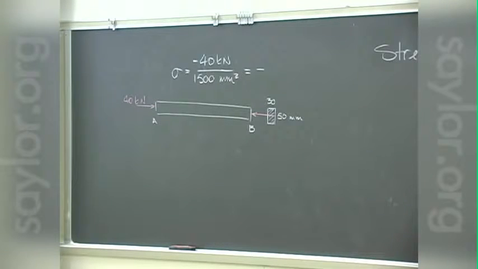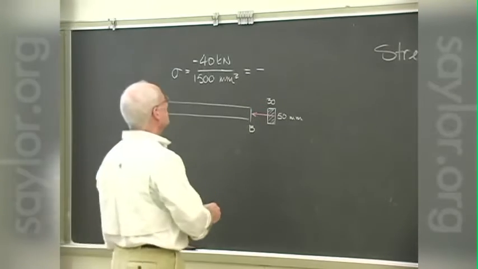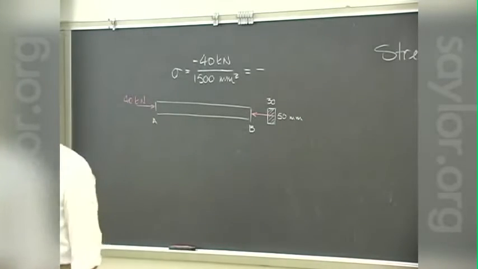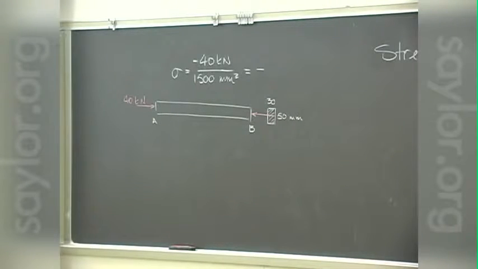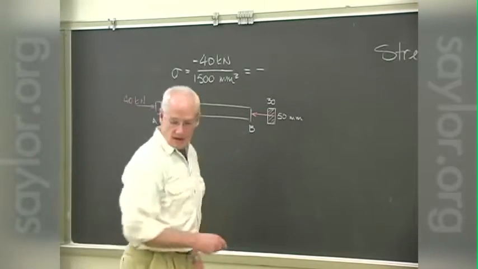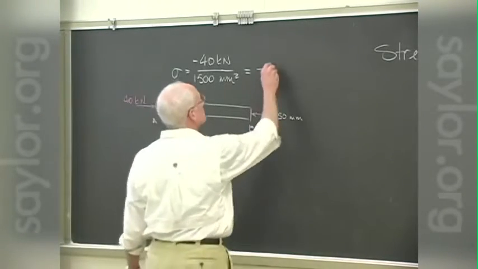Since we're not talking about what specifically this material is, we're not directly concerned with whether it's compression or tension, but we certainly will be when we specify what the material is. We have to look at the material response in compression and in tension. So what do we get for a stress there? Maybe 26.7.